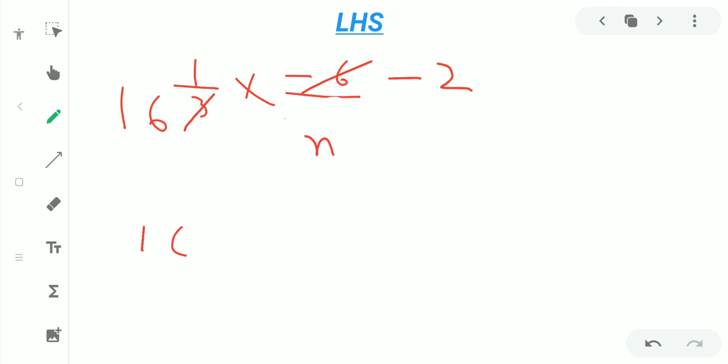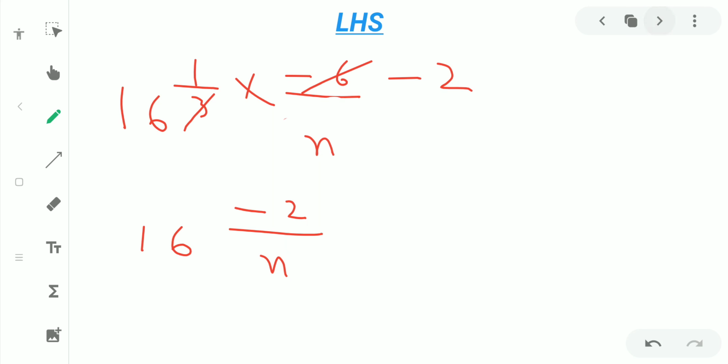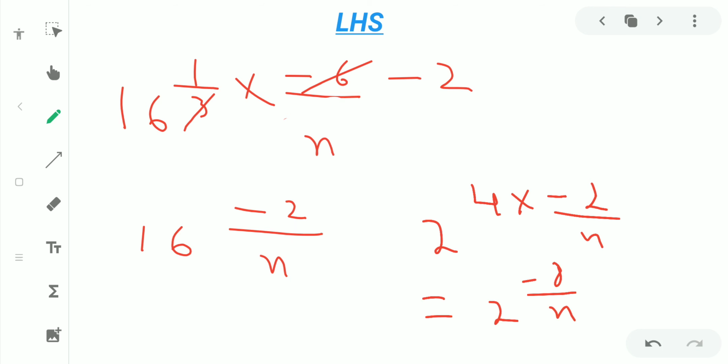You will have 16 power minus 2 by n. Here I will write 8 as 2 cube. So here I should also write 16 as 2 power something, nothing but 2 power 4 multiplied with minus 2 by n. You will get 2 power minus 8 by n.